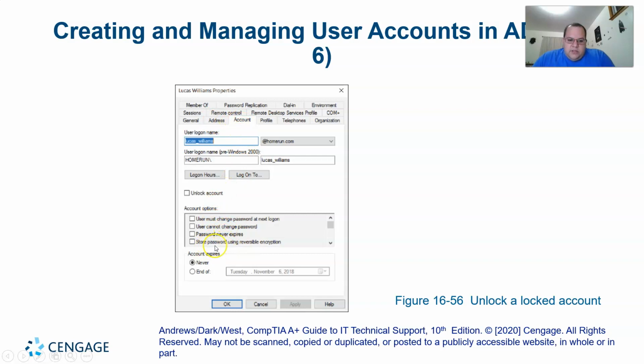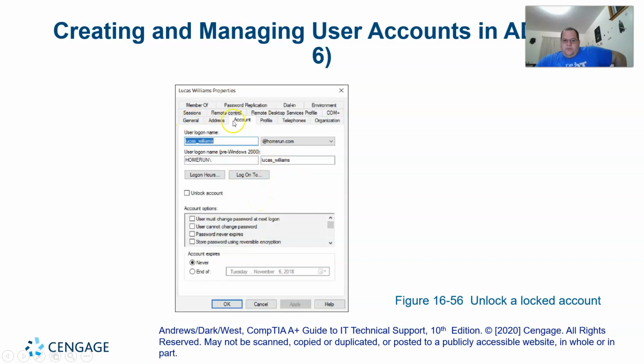I could go into the account properties and set different options like password never expires, user can't change password, user must change password. I could change login hours, so I could say he can't log on from this time to this time, and I could say he can only log into this computer. Under Member Of, I could change the groups. This is where I could change his password if I need to.